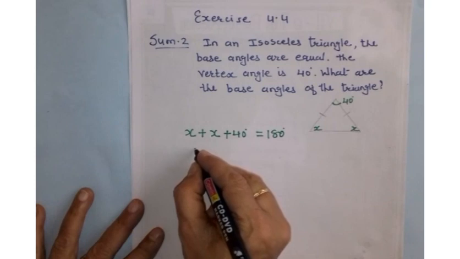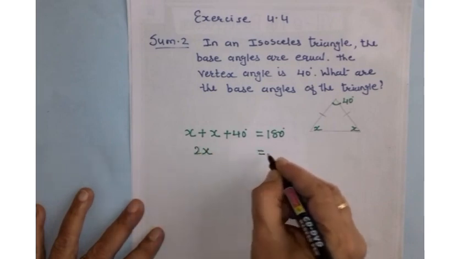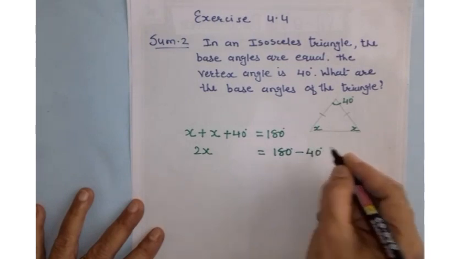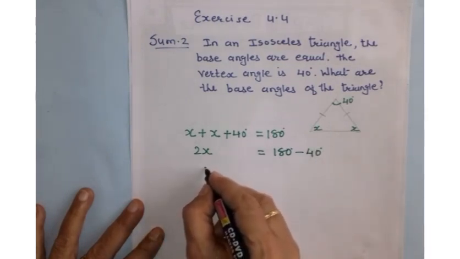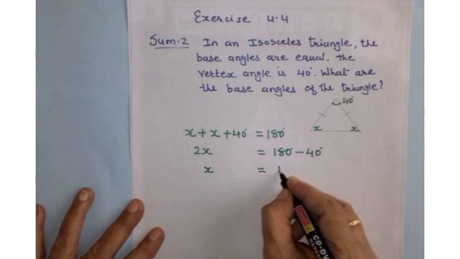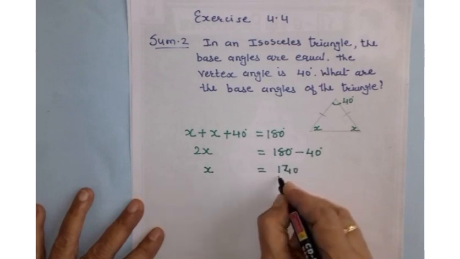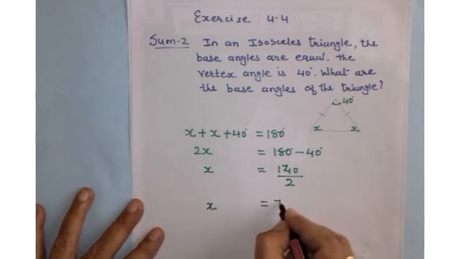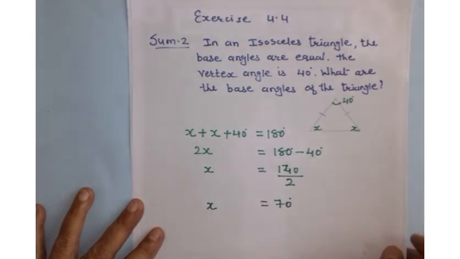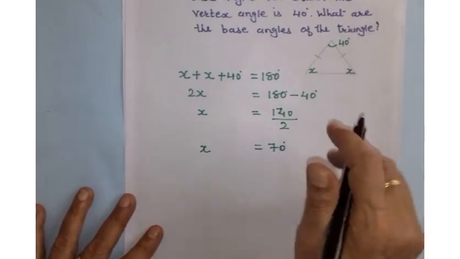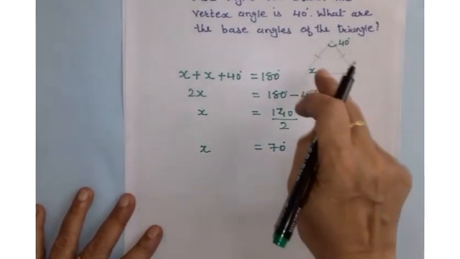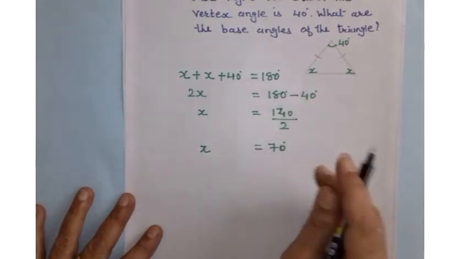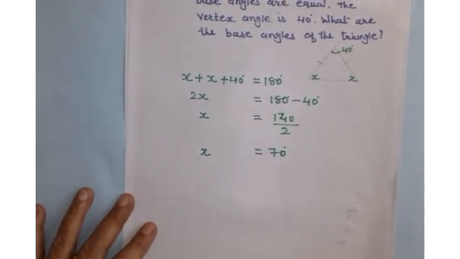Now 2x is equal to 180 minus 40 degree, that is 140 divided by 2. So x is equal to 70 degree. Understood children? Clear? So the measurement of each base angle is 70 degree.